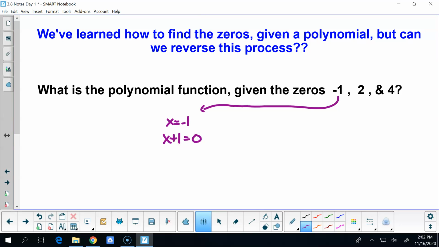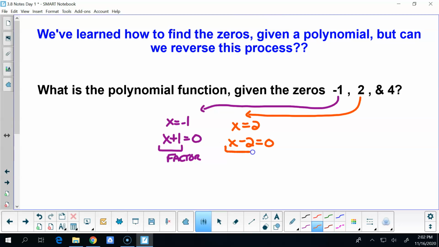And so x plus 1 is a factor. The same thing here with 2. We would have had x equals 2. The step right before that would have been x minus 2 equals 0. So x minus 2 would have been a factor.